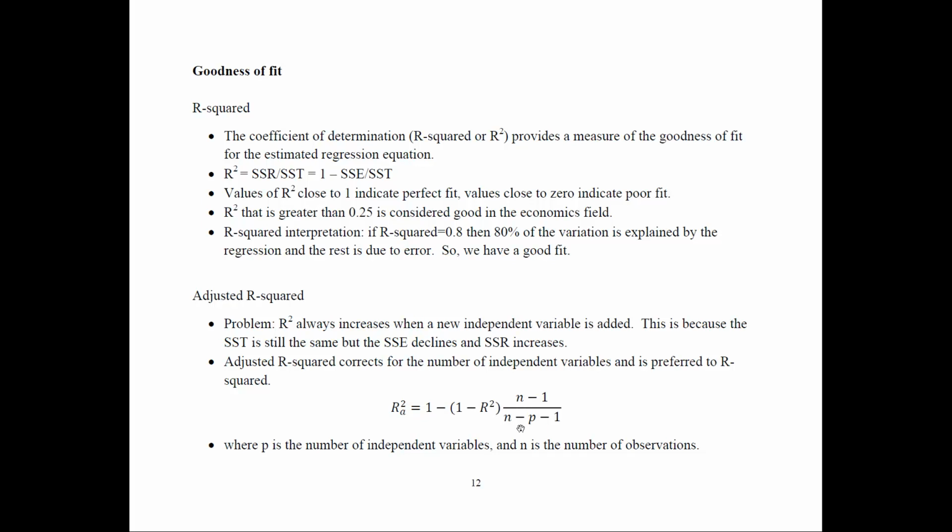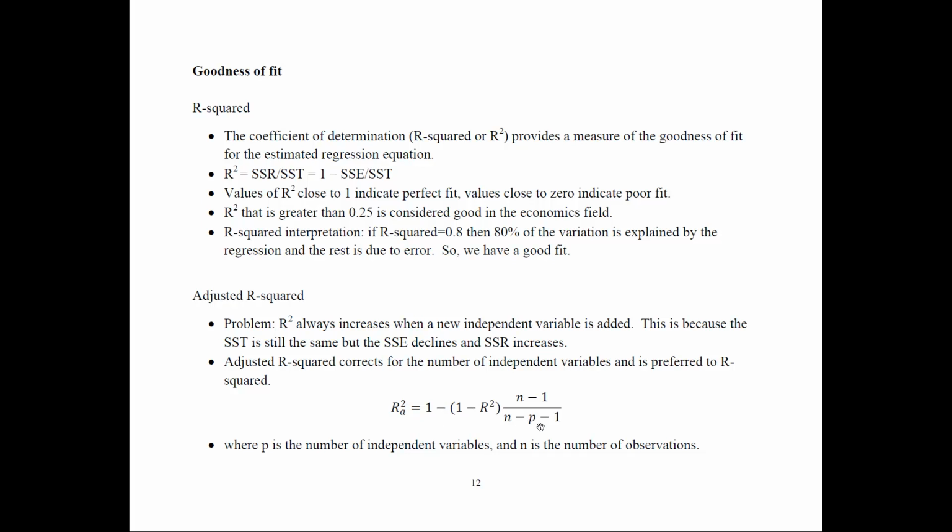So notice what happens when p is equal to 1, right here. With one independent variable, these would be almost close to each other, and it will almost cancel out, and we would have R squared. So the adjusted R squared and R squared would be very, very similar.